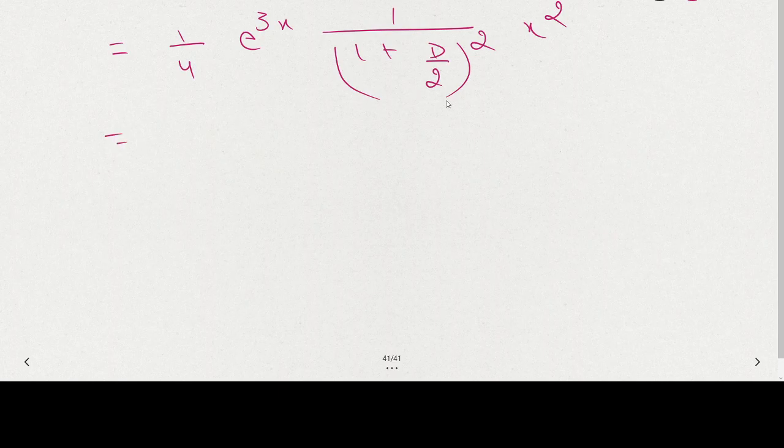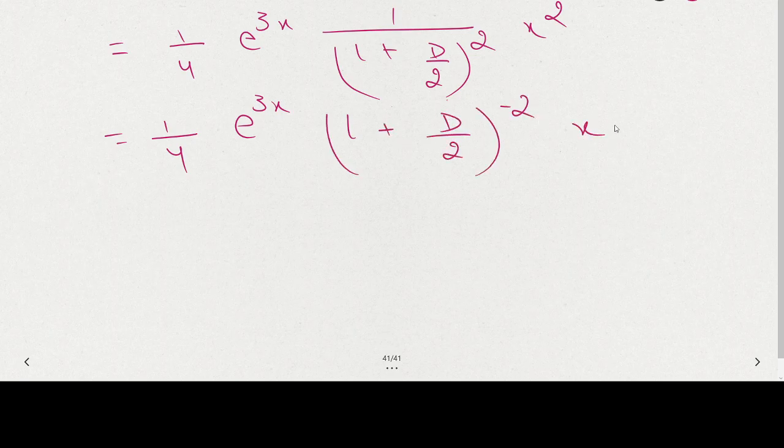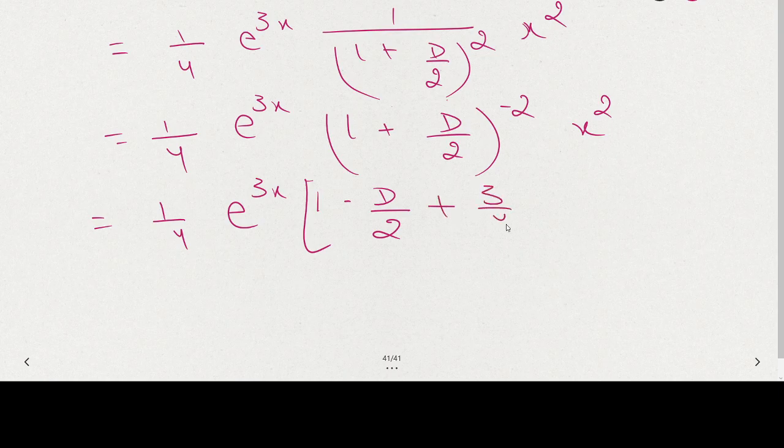If you take this denominator into the numerator, then it will be (1 + D/2)^(-2) x². So it will be 1/4 e^(3x). If you expand it with the help of the binomial theorem, then it will be (1 - D + 3/4 D² + ...) x².